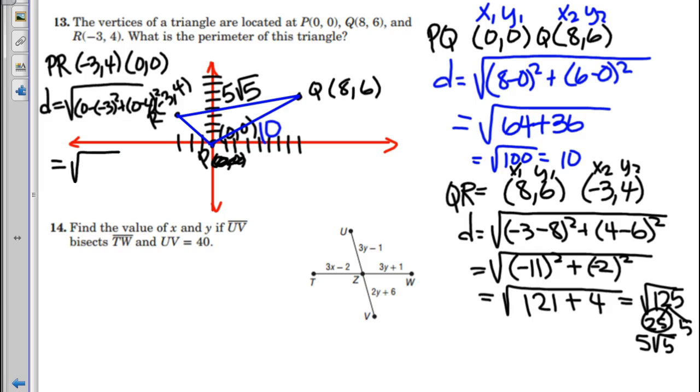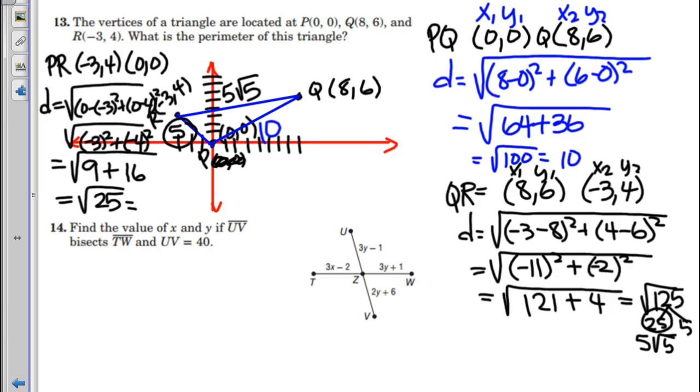So that would be the square root of -3 squared is 9 plus a -4 squared is 16. I'll go ahead and write that step right here. So 0 minus -3 is -3, and 0 minus 4 is a -4. So that's where I got those. So -3 squared is 9, and -4 squared is 16, which makes the square root of 25, which is 5.